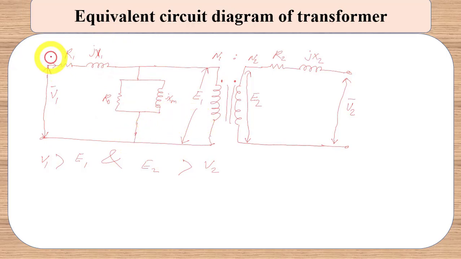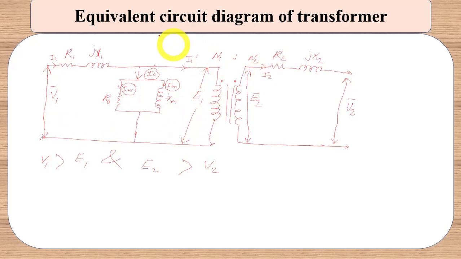Let us consider I1 is the current taken from the primary winding terminal and this current passes through I0 and Iw and Im. This is the magnetizing current and this is the core loss equivalent current. This one is known as the no load current and the rest of the current is known as I1 dash. This is the secondary equivalent current which passes through the secondary winding, I2.